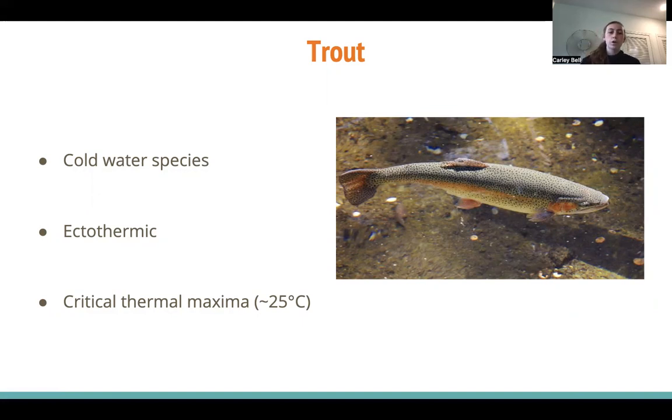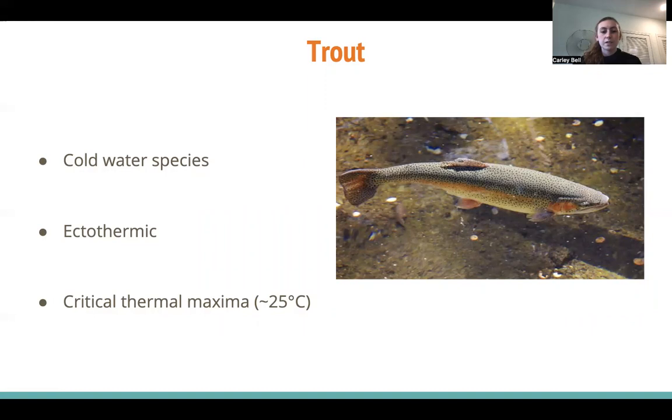And they have what is called a critical thermal maxima, which means the highest possible temperature that they can survive in before they lose motor control and ultimately die. And there's many different species of trout. And so obviously the different species are going to have slightly different characteristics. They're going to vary in what exactly they need to survive and what particular environments they thrive in.